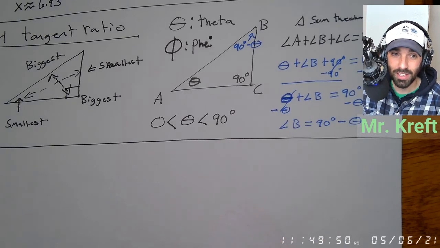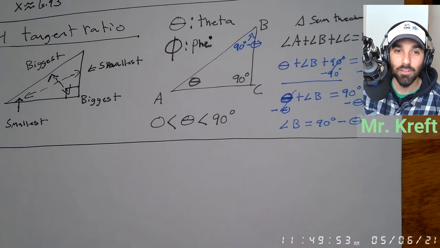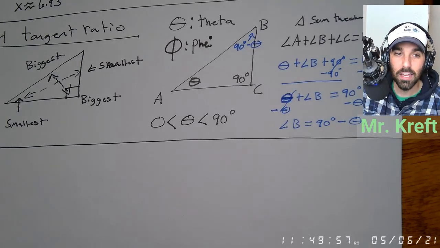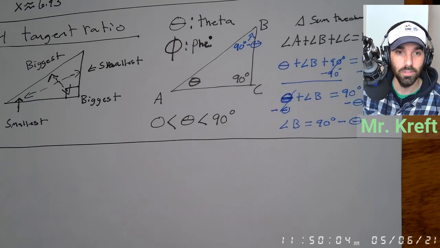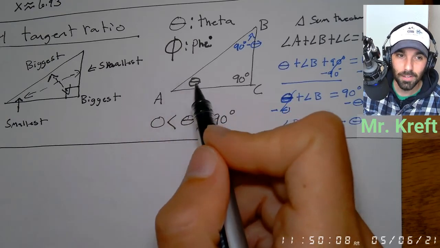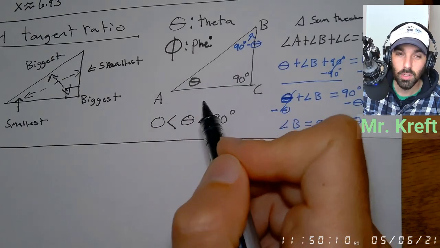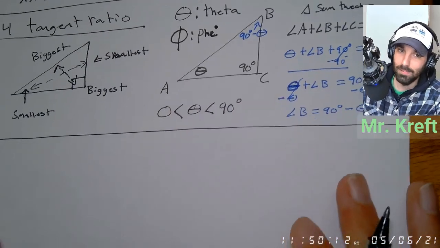So the only way to represent this ratio is to have it be its own function. So tangent is going to be a function, just like x squared or the square root of x. Those are functions, okay? So this is a new function. It's a function of angle and ratio of sides, okay?